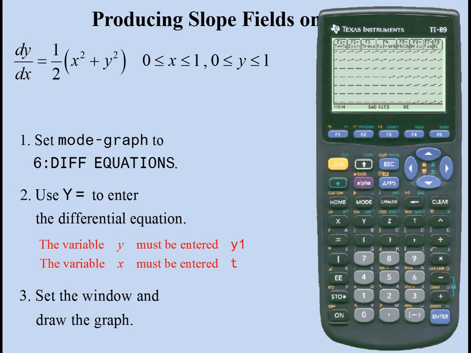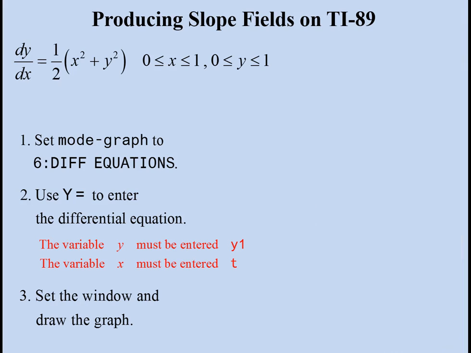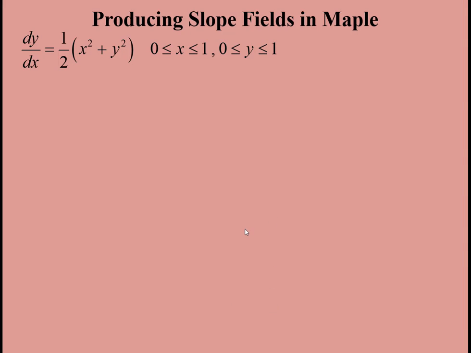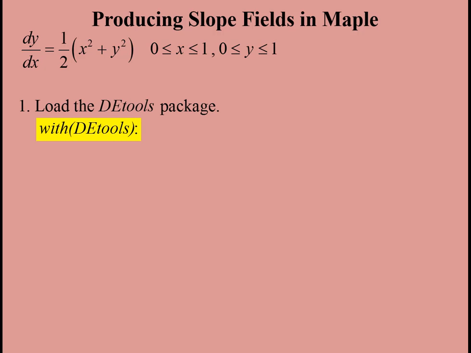Now while we're here, let's draw the slope field on Maple. Now I'm going to show you first off on this screen the commands as it's going to look, and then we will use Maple and actually type it in. So to do this, we need to load the DE Tools package.